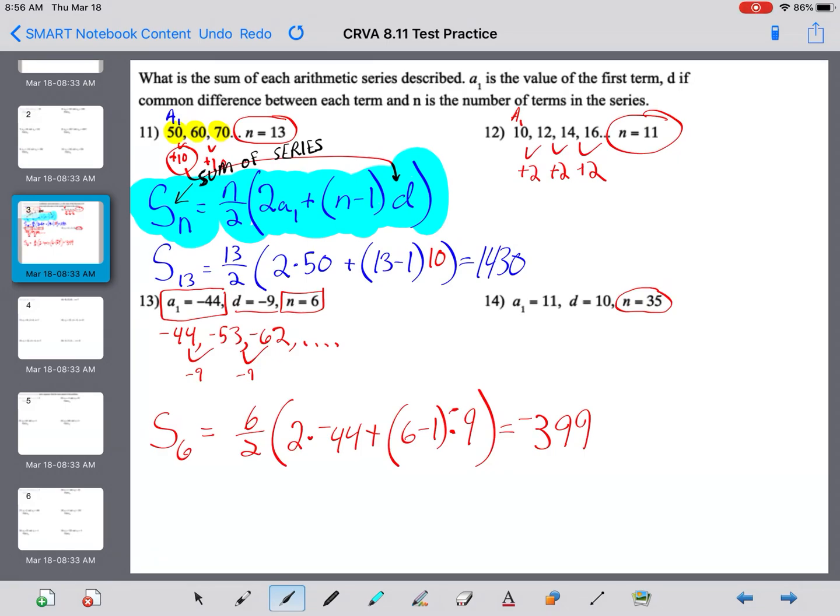N is the number of terms, which shows up 3 times. Number of terms. A sub 1 is always the value of the first term. First term value. And D is the rate of change.